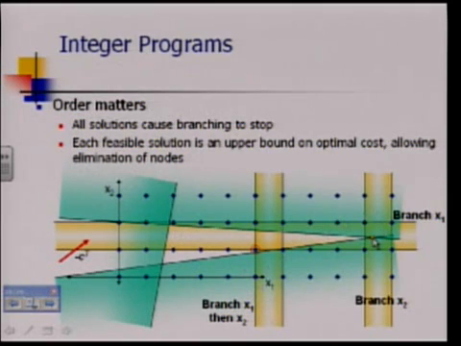If you branch x1, then x2, what will happen? You branch x1 and then x2, or you branch x2 and then x1. Which way do you prefer?